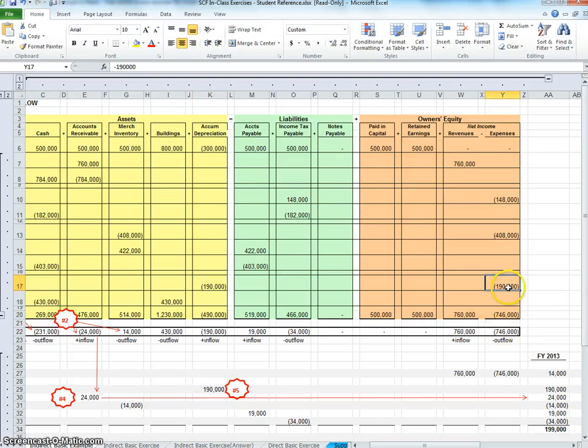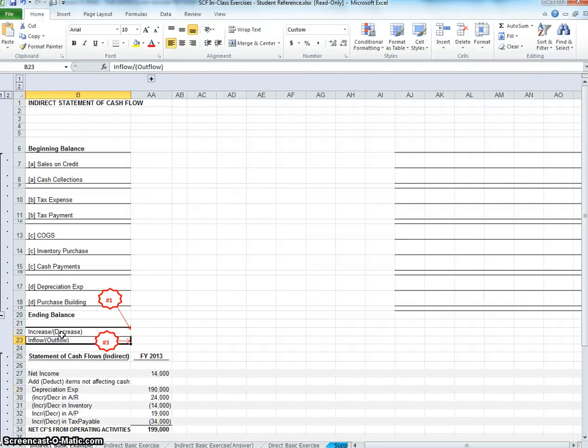This 190 falls into our net income number. And because this net income number includes a non-cash expense of $190,000, we have to take that $190,000 out in our operating activities. So that's a little twist that everyone is going to see in their cash flow statements, regardless of what companies you're working on.